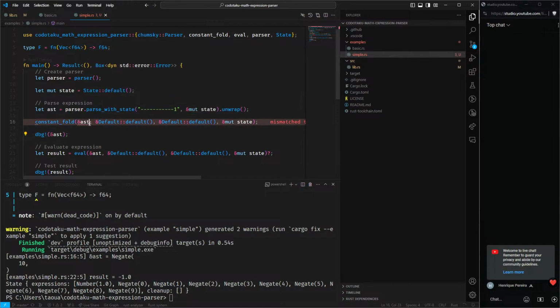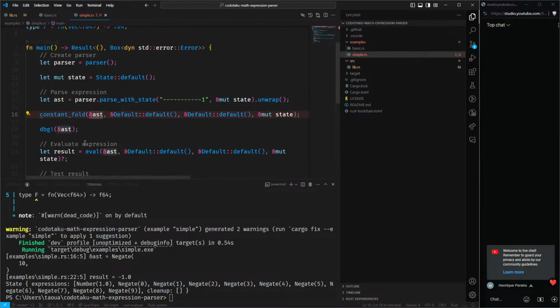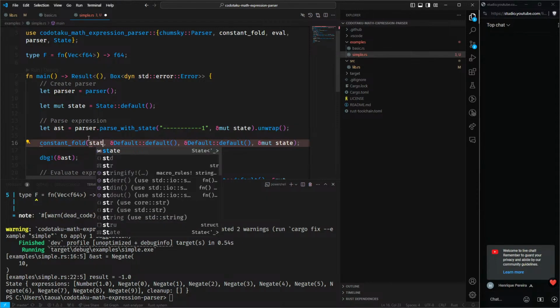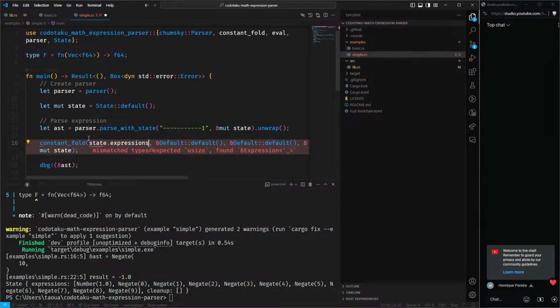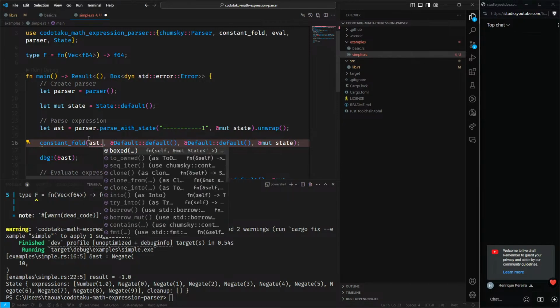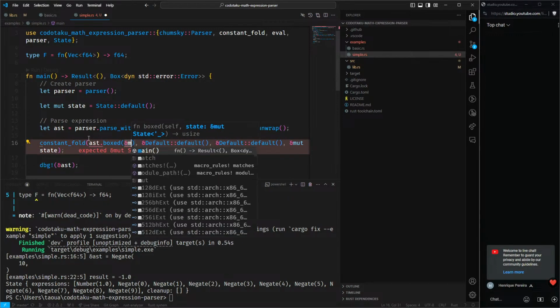Expected types. Oh yeah. So right now this would actually need a usize, not an expression directly, not a reference to an expression. So what we could do is say ast.boxed, and then we could give it a mutable state.